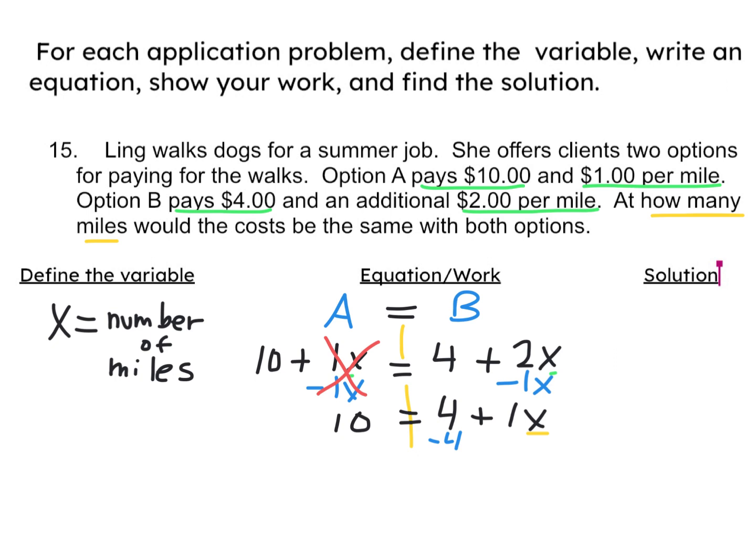So I'm going to clear out this 4 first. And that leaves us with 6 equals 1x. Because a 4 and a minus 4 cancel it out. And then 1x is the same thing as just x, or we could divide by 1 on both sides. And we're left with x is 6. So our solution is the cost would be the same at 6 miles.